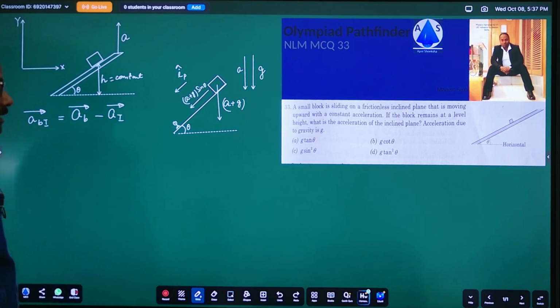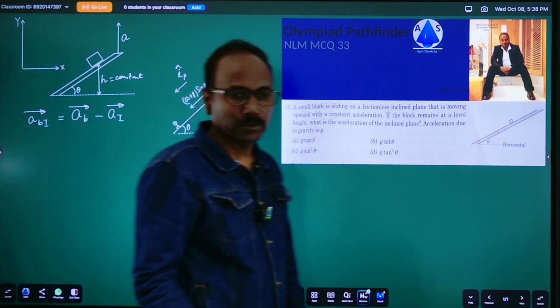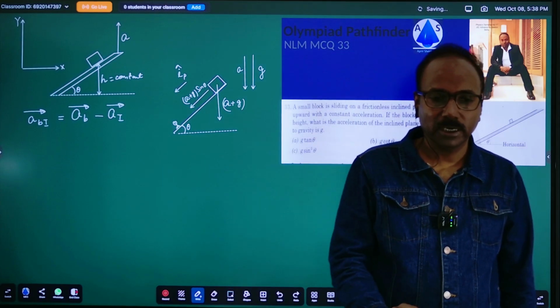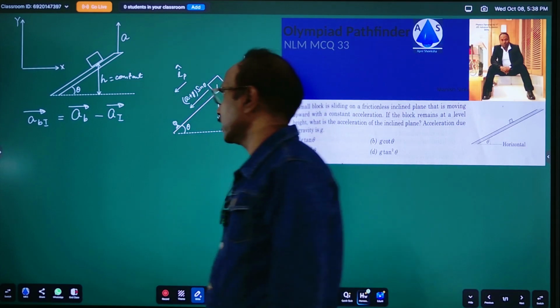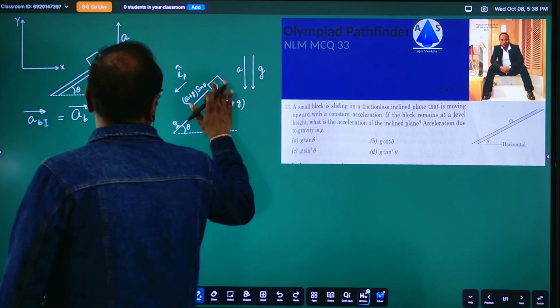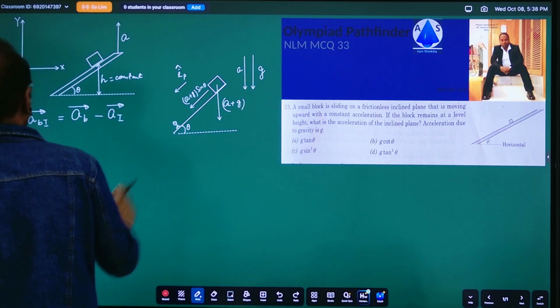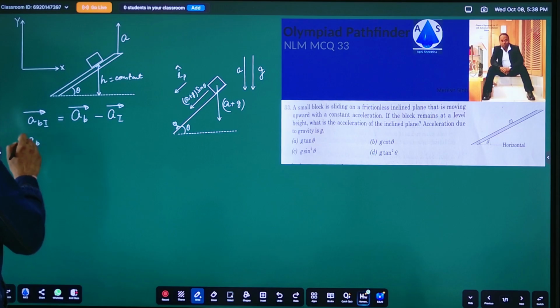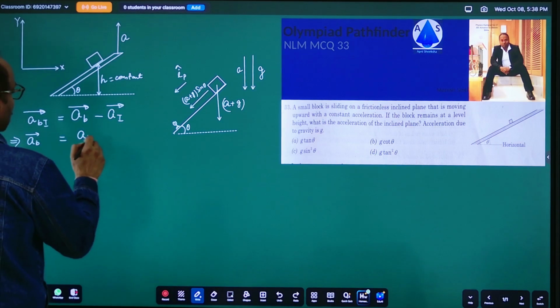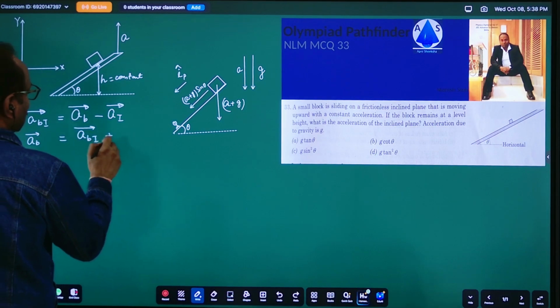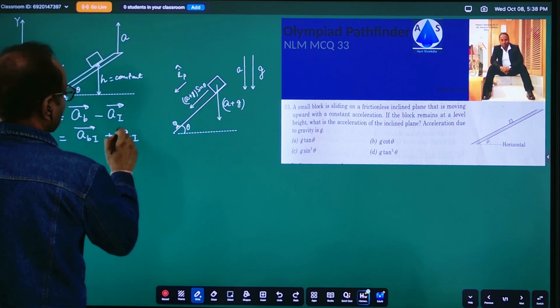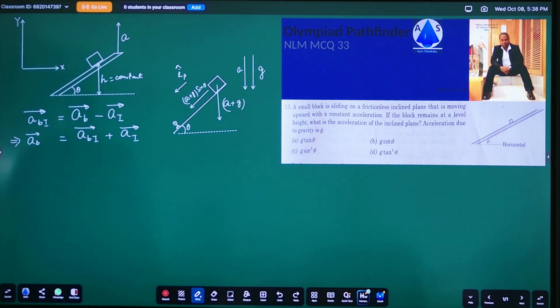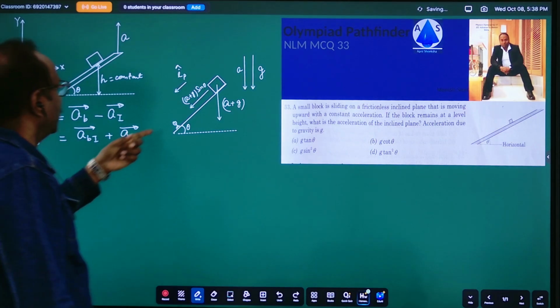What we are interested in knowing is the acceleration of the block with respect to the ground, because with respect to the ground there is no motion of the block in the y direction. There is no movement in the y direction. So the acceleration of the block with respect to the ground will be... But what is the acceleration of the block with respect to the inclined plane?